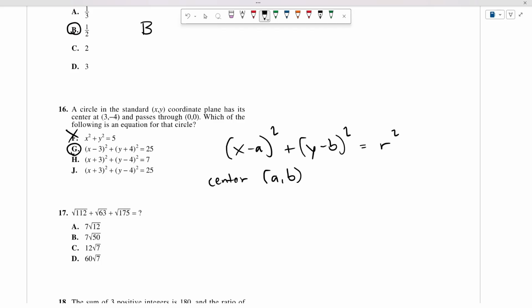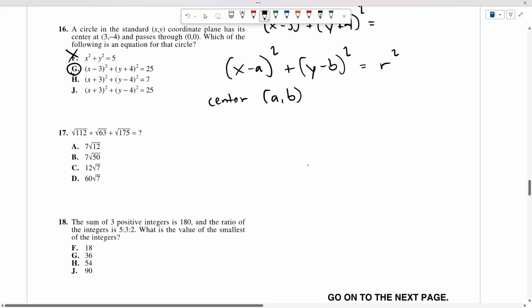If you were to plug in the center here, you would get x minus 3 squared plus y plus 4 squared, okay? And you'd immediately know that it has to be G, because we don't know what the radius is based on this question, but G is the only one that has the correct a and b, okay? Let's let her do it by hand.